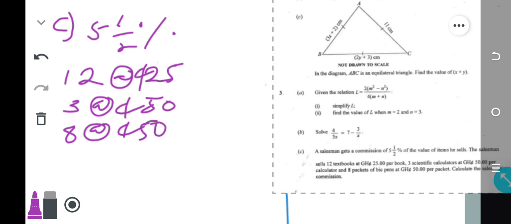So let's work out and find the total sale.